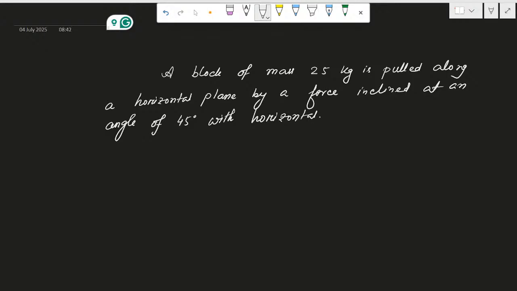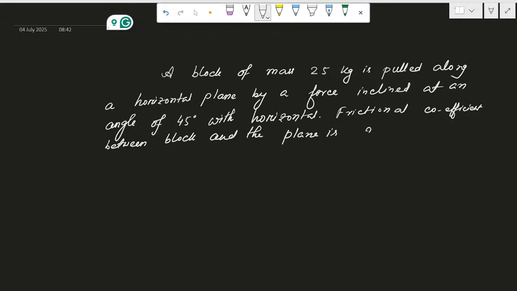The frictional coefficient between block and the plane is 0.25.